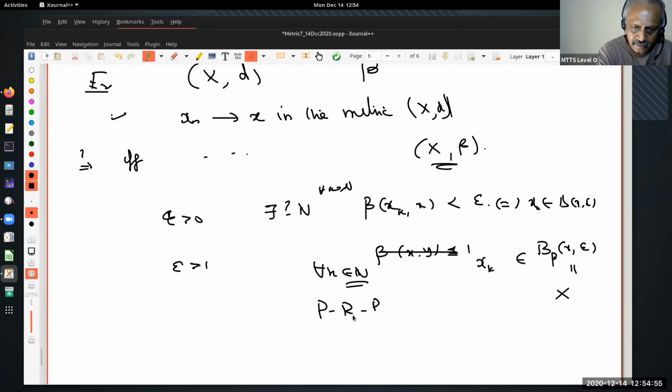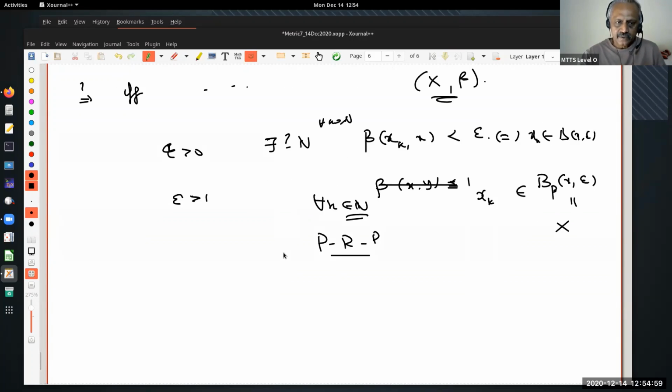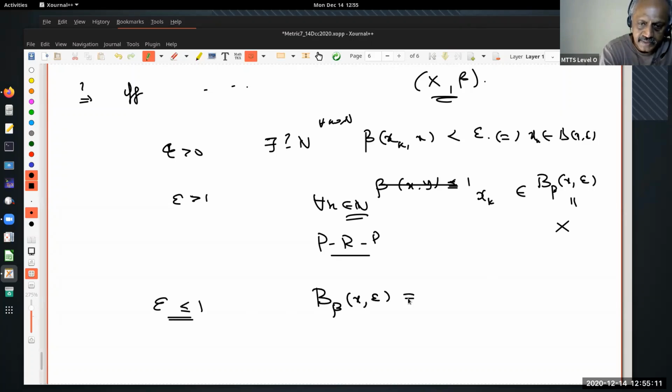Please pause, understand, review. Okay, so therefore the important thing comes only if epsilon is less than or equal to 1. If epsilon is less than or equal to 1, then we have seen B_beta(x, epsilon) is the same as B_d(x, epsilon).